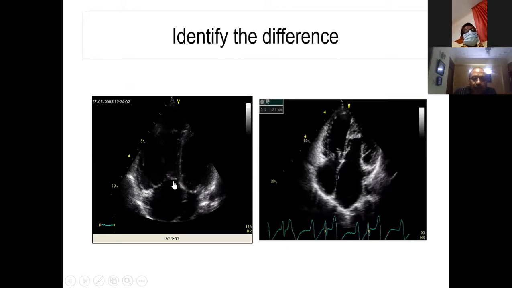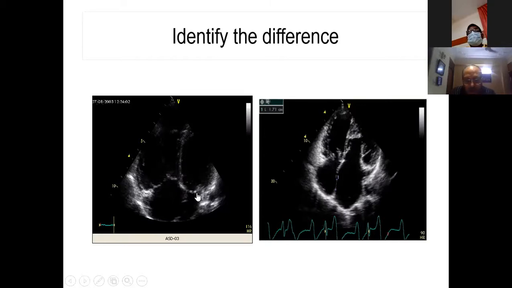This is the insertion point of this valve, this is the insertion point of this valve, and this is the atrioventricular groove. So whatever valve is apically placed, or towards the apex, is a tricuspid valve. Whatever valve is basally placed is a mitral valve.